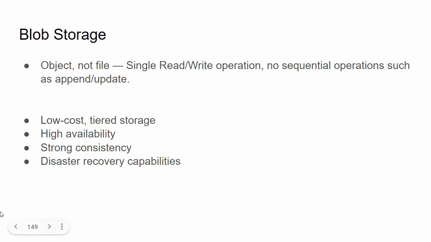So if, God forbid, anything happens to the East Coast and the whole data center or even the whole state gets wiped out, I still have a copy on the West Coast. This is where you get high availability and disaster recovery. And of course, Azure will run a process, continuously monitoring these 3 copies to make sure they're consistent.